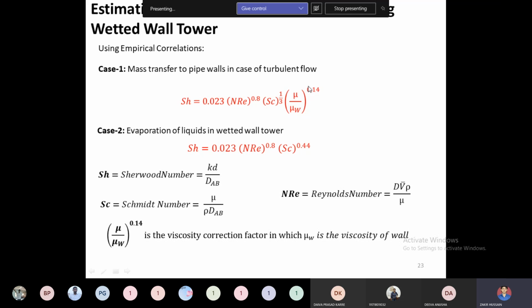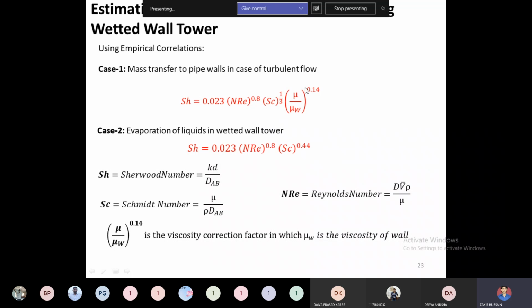The same equation is present in heat transfer. You can see this type of equation during convection heat transfer, where only the Schmidt number is replaced by the Prandtl number. Now for mass transfer, we will use this equation when mass transfer takes place in pipe walls in case of turbulent flow: Sherwood number is equal to 0.023 NRE power 0.8 SC power 1 by 3 nu by nu W power 0.14.